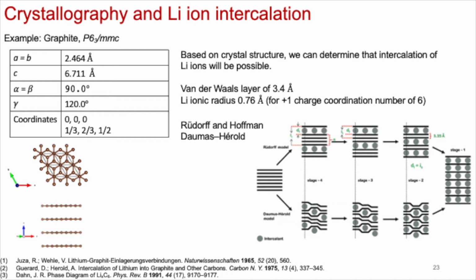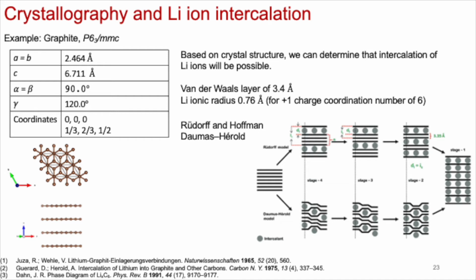Well, here we look at the lattice parameters, A, B. So the basal plane, the lattice vectors have to be equal to each other. So A and B are 2.464. C is 6.711 angstrom. Because it's hexagonal, the gamma has to be 120 degrees. So we've mapped it out.